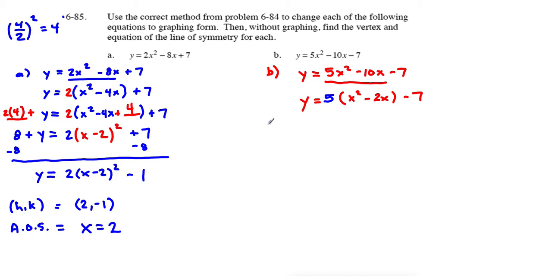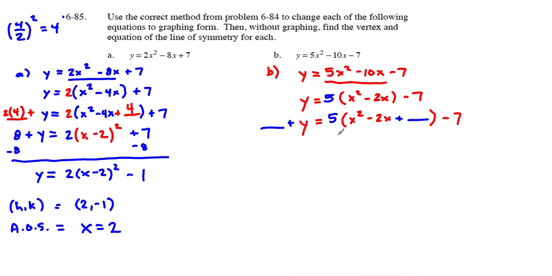Next step, we're going to be adding something to both sides. I always do this myself just so that I don't forget to. So I've got x squared minus 2x plus blank minus 7 again.